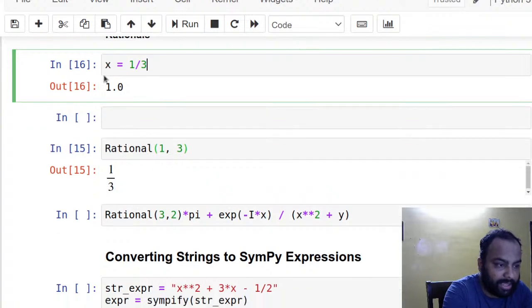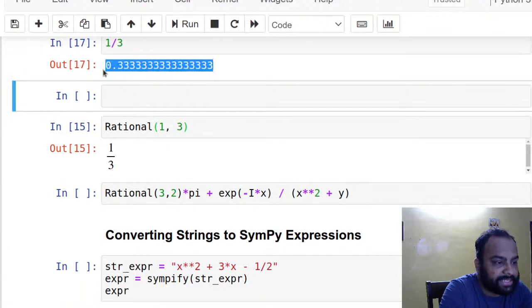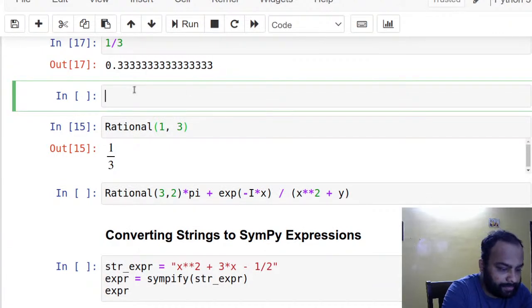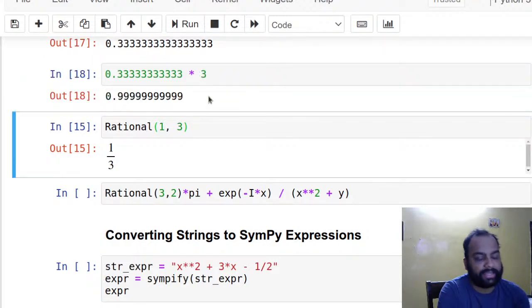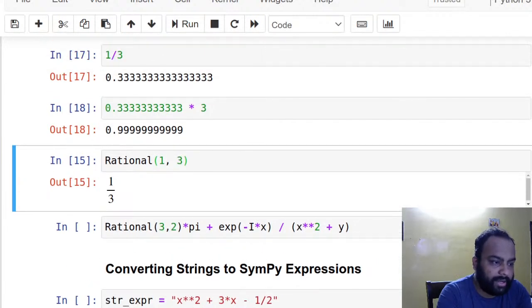But if I take the floating point number for 1 by 3 and multiply it, of course it is not exactly equal to 1. That's the unfortunate problem here.